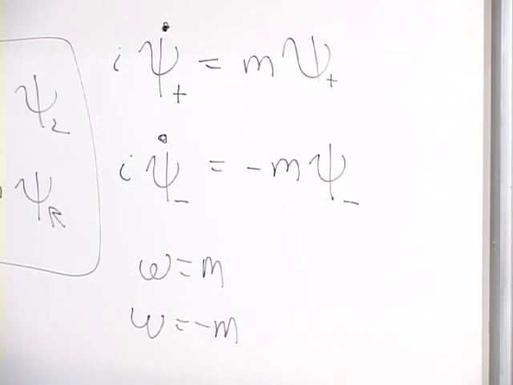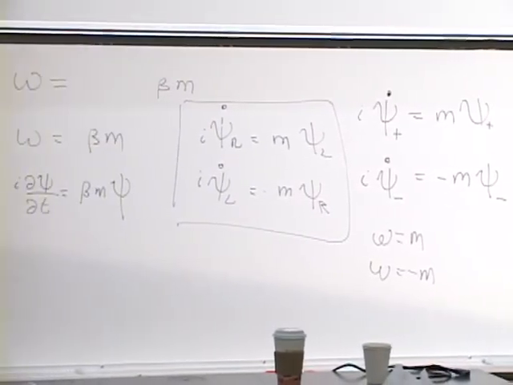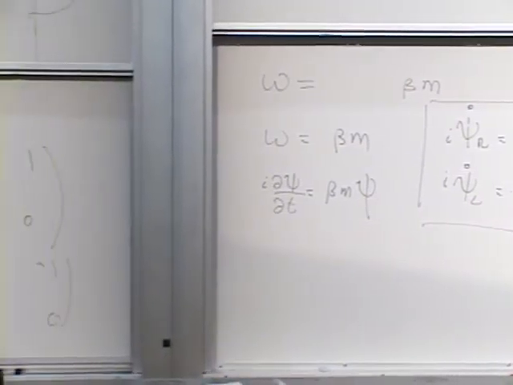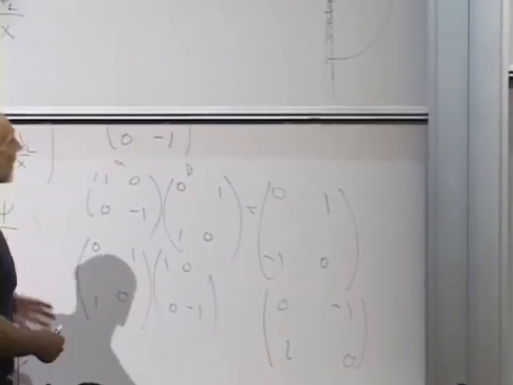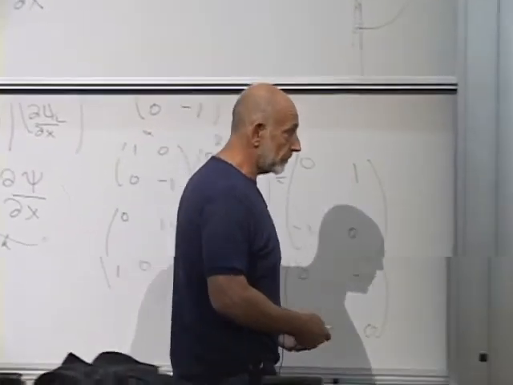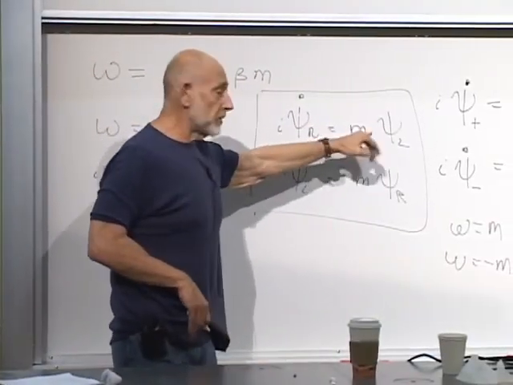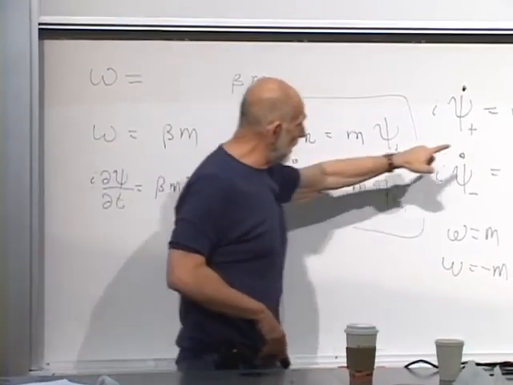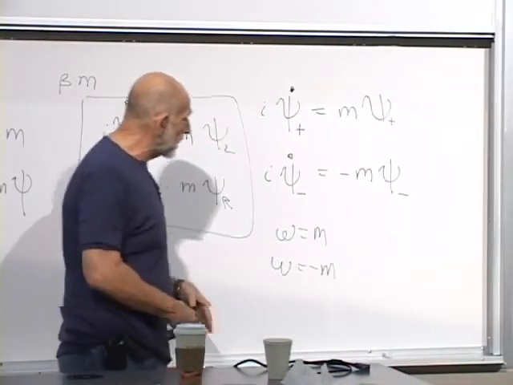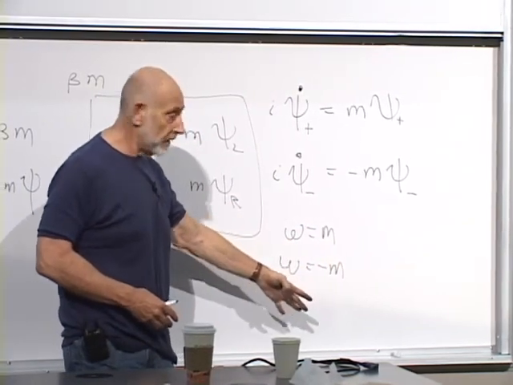So notice what's happening. When the particle is at rest, it also has positive and negative frequencies. When it was moving with the speed of light, psi left and psi right had positive and negative frequencies. But when the particle is at rest, it's the linear combinations psi plus and psi minus which have definite frequencies, plus and minus.